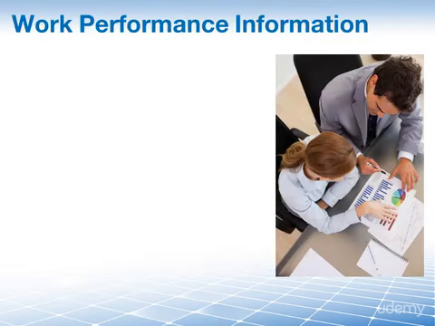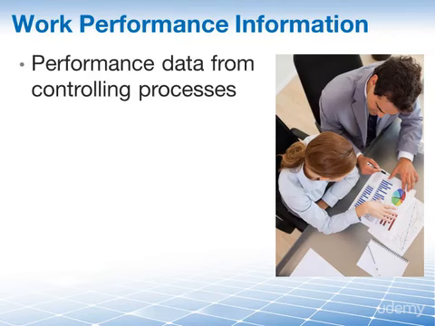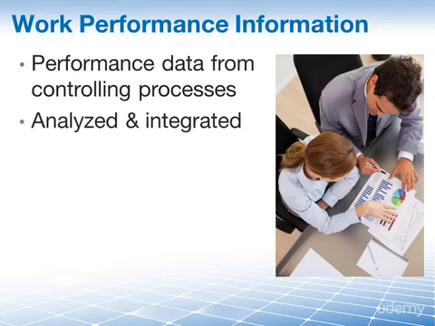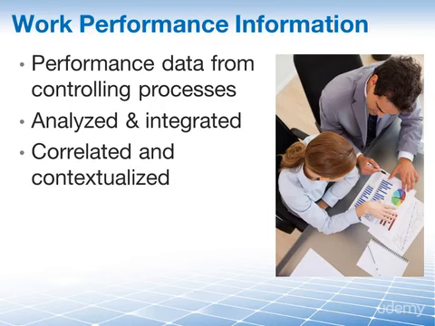Work performance information is the performance data collected from various controlling processes. It is analyzed in context and integrated based on relationships across areas. The work performance data, which was one of our inputs, through this process has now been transformed into work performance information. This information is correlated and contextualized.